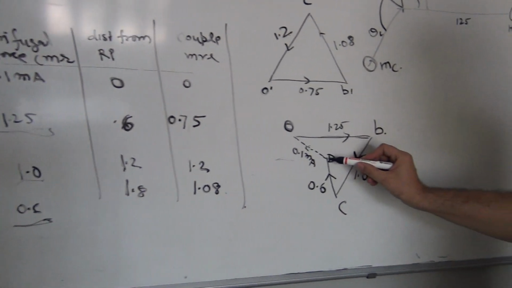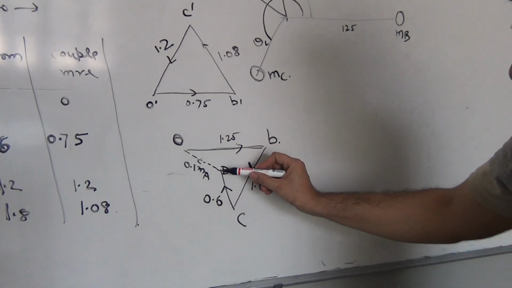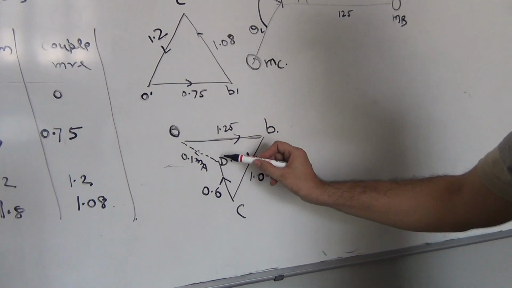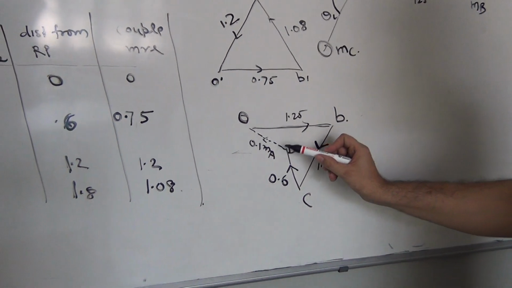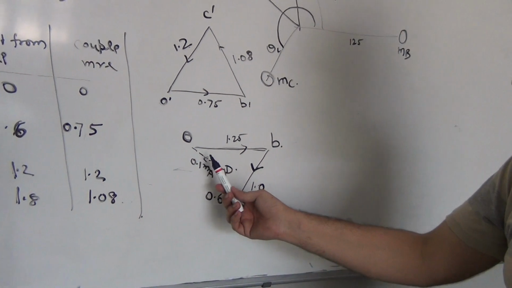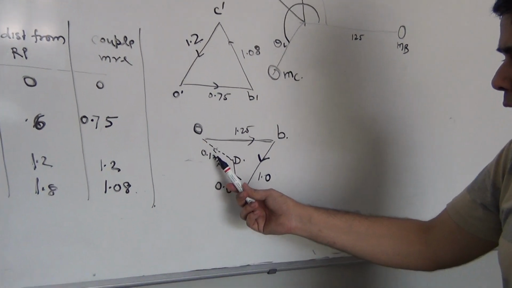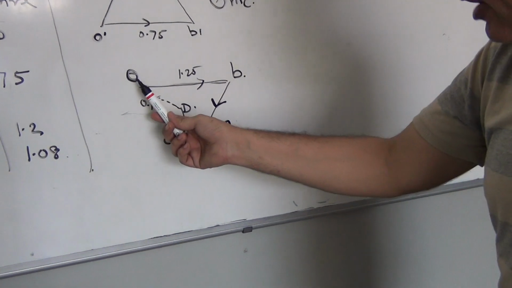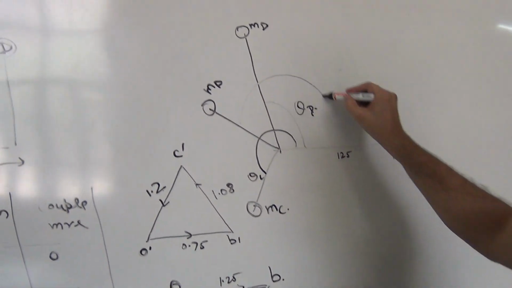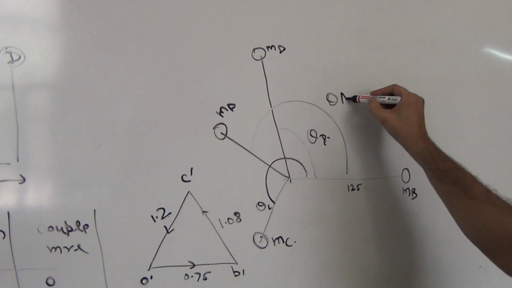Here it comes to a point D, but this figure is not closed. So join D to O, which is the direction of the force of mass A. This will be 0.1 MA, convert it into the original unit and draw OD parallel to this MA. So you will get the angle theta A.